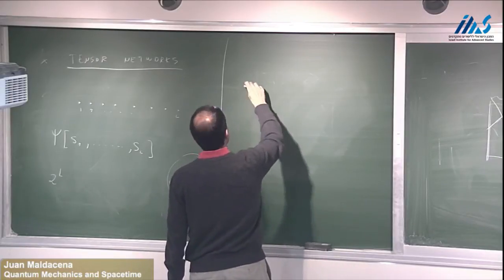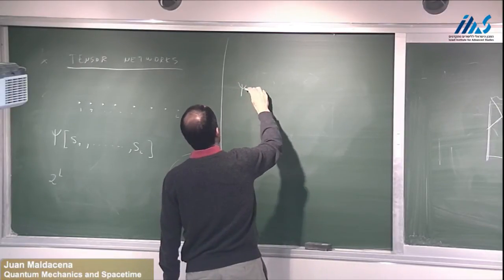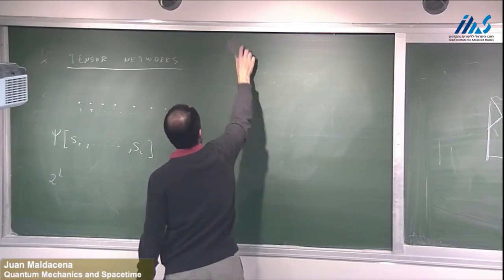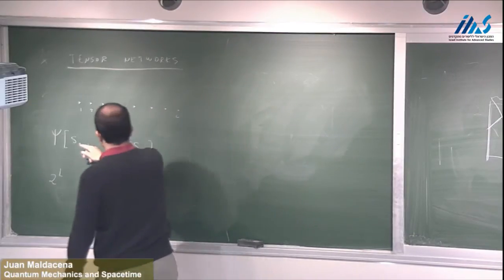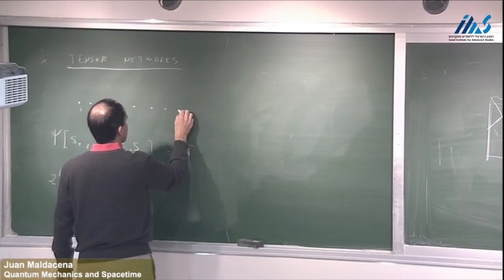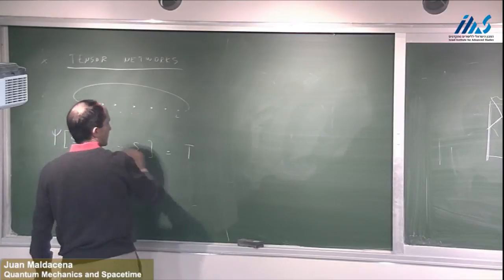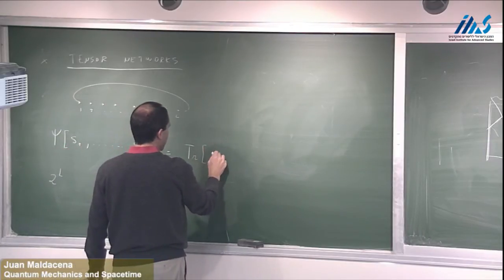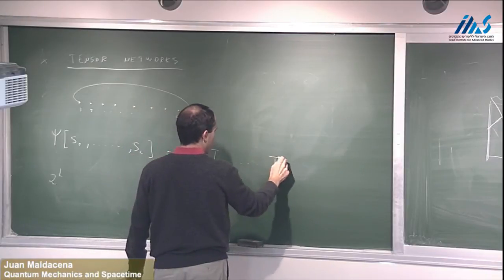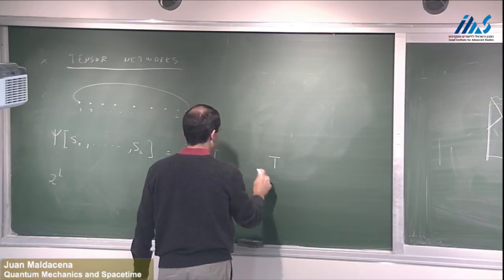It's found that a convenient way to describe such states is to make an ansatz for this wave function, where let's imagine the spin chain is periodic. So we'll make an ansatz where we write this wave function in terms of tensors, of a matrix.